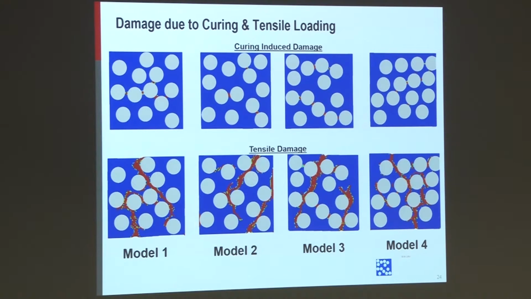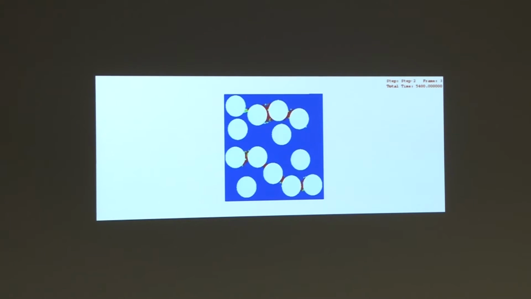So from here, we do see a huge correlation between the extent of damage or the pattern of damage and the failure pattern thereafter. So here's a small video. So we start with the cured material with damaged regions, and as we apply tensile load, those damaged regions connect to provide us with 2-piece failure of the material.